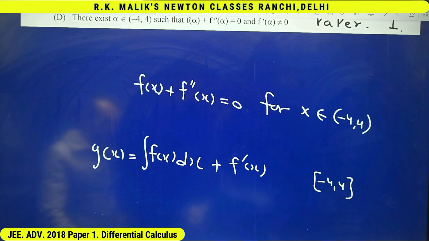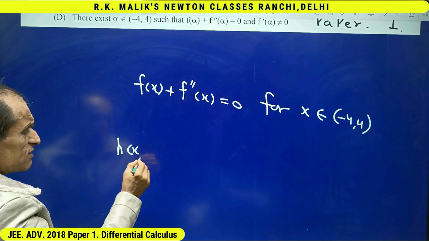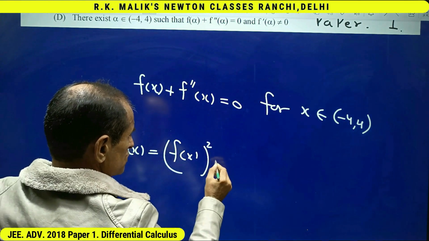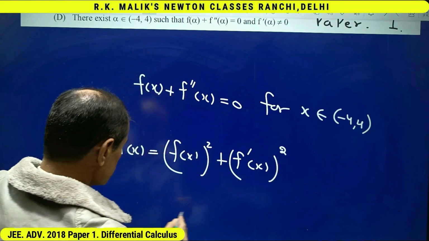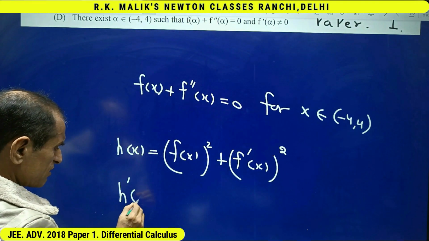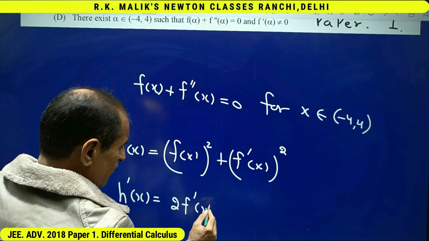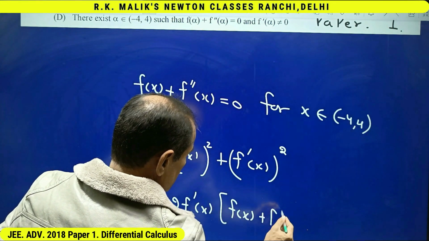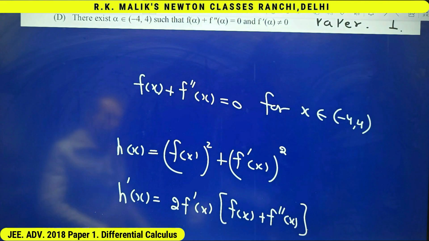Hence, the other possibility is I take the function hx which is equal to fx whole square plus f dash x whole square. Note that h dash x will become 2 f dash x into fx plus f double dash x. This part is same as this part.